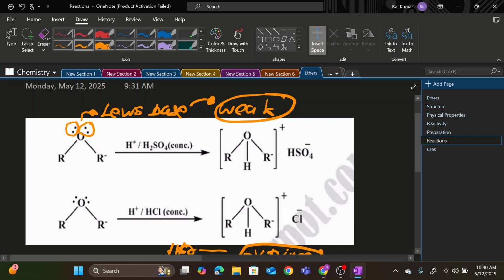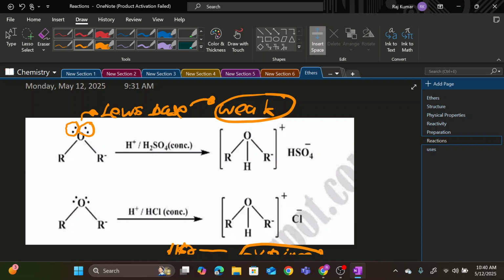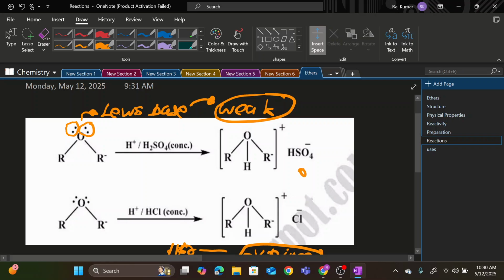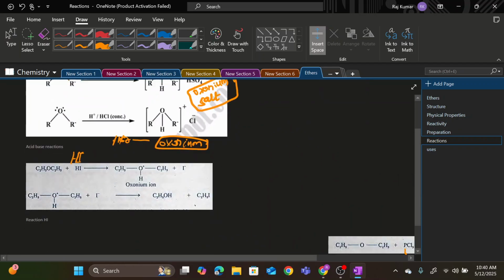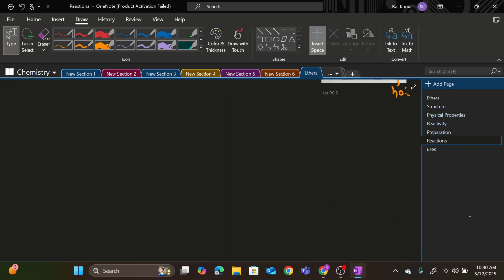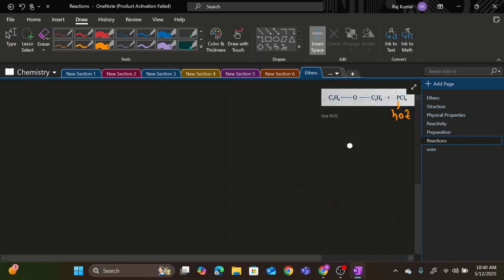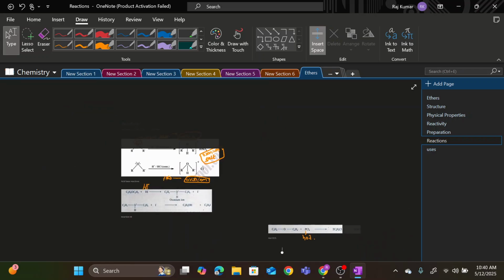Now, this weak base, whenever it reacts with a very strong acid like concentrated H2SO4 or concentrated HCl, is going to produce a very unstable oxonium salt. This oxonium salt is unstable and it can decompose back into ether and acid when it is dissolved in water, right? And this is an acidic salt actually.